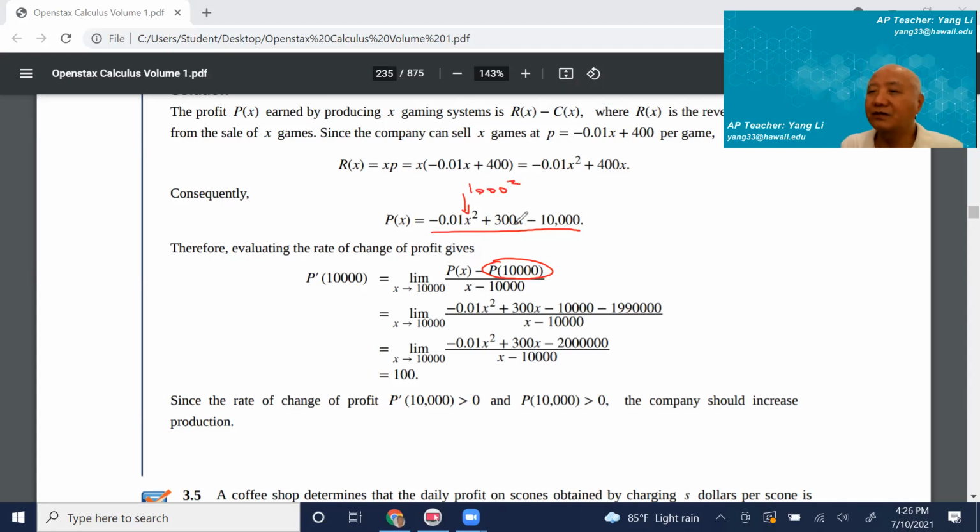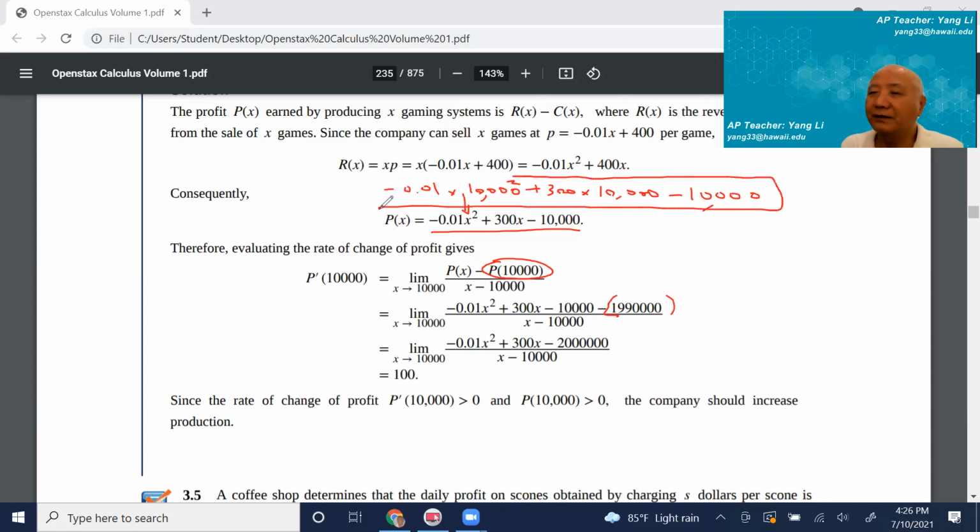So you're going to have 10,000 squared times negative 0.01, and the plus 300 times 10,000, and then you minus 10,000. Like this.